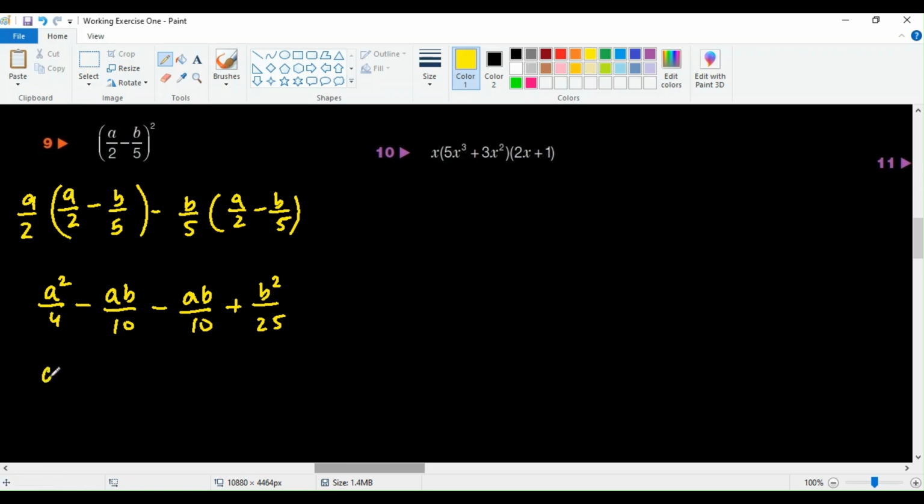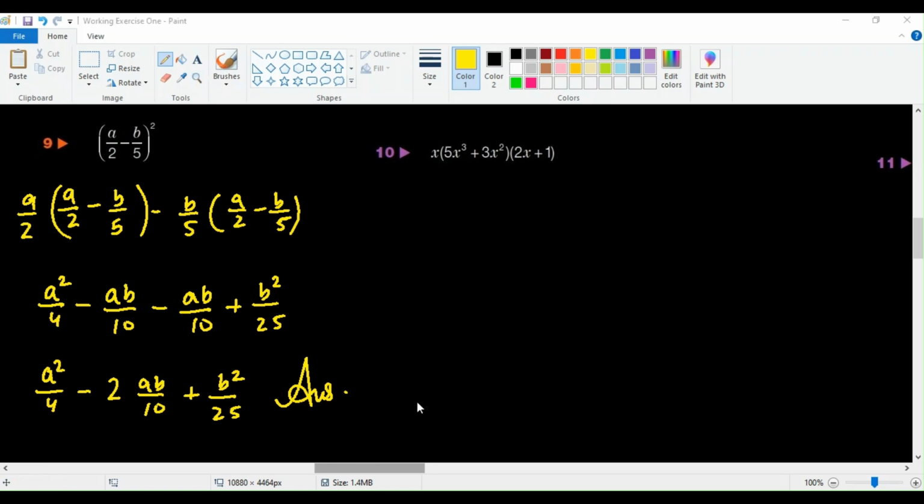So I will write a square over 4 minus 2ab over 10. This is one ab over 10. This is another ab over 10. So it's going to be 2ab over 10. That's how I will write this, and plus b square over 25 is going to be the final answer for this question. Moving on to the next.